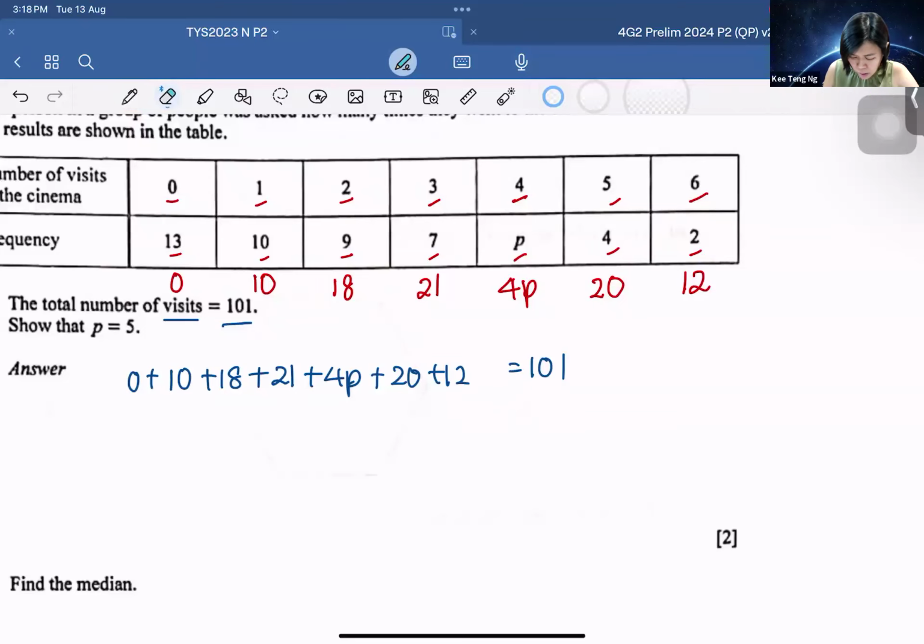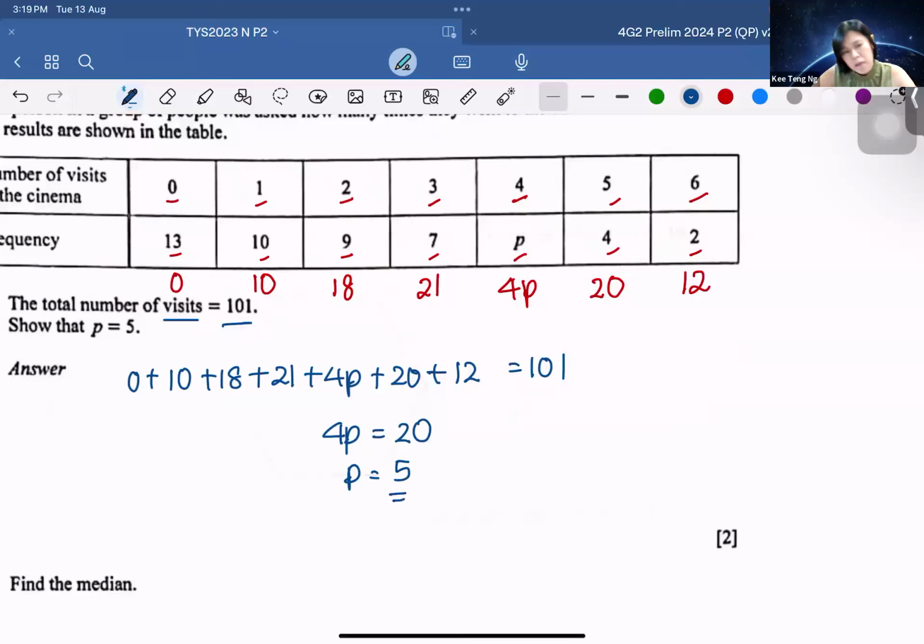Then simplify your answer. Minus away everything, I got 4P equals 20. P will be equal to 5. Okay, do you all understand the concept?